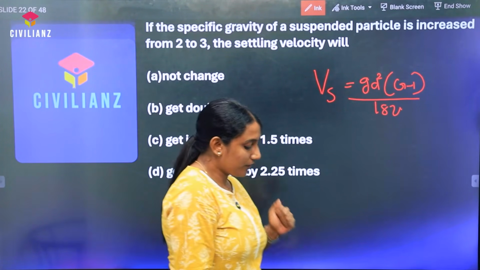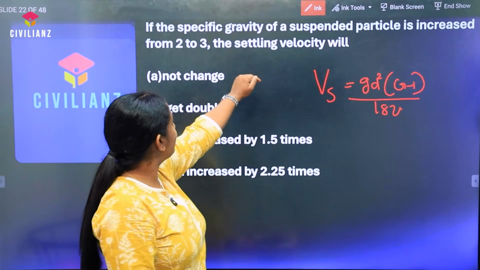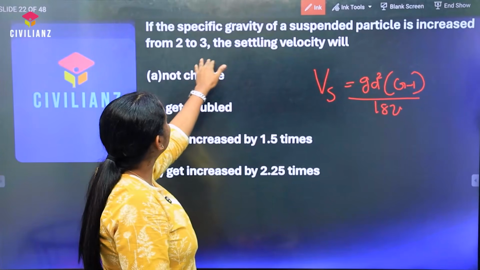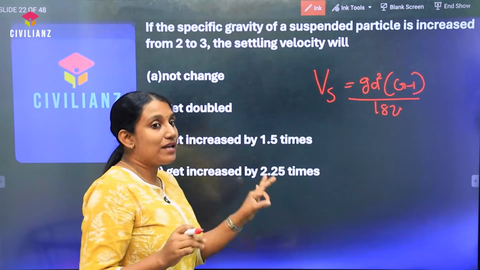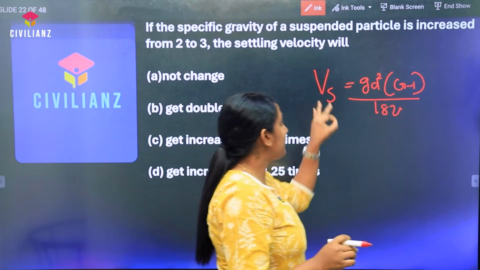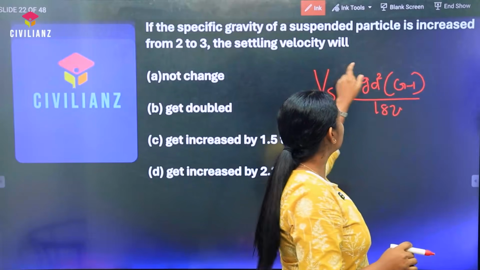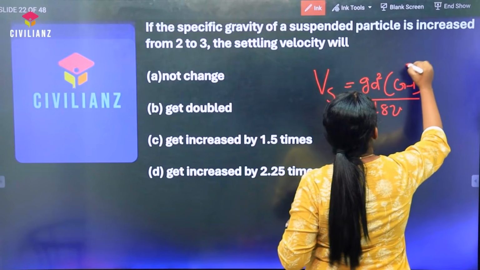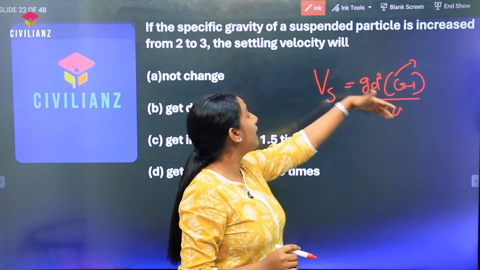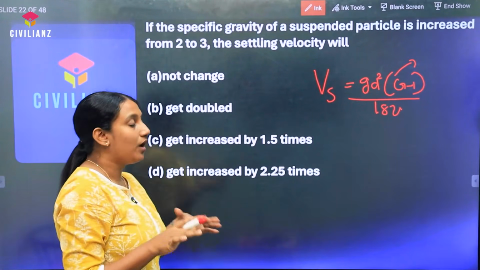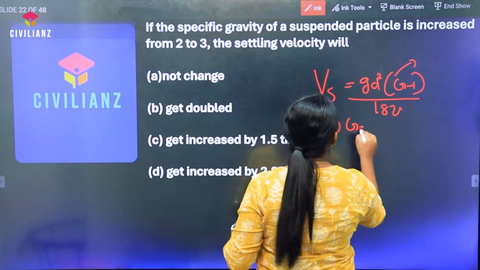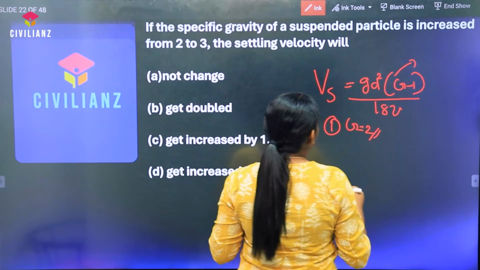The specific gravity of the suspended particle increases from 2 to 3, so we have two values of specific gravity, 2 and 3, to substitute for G. In the first case, G is 2.